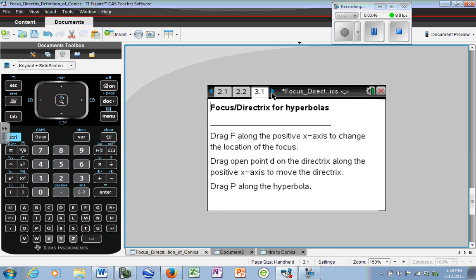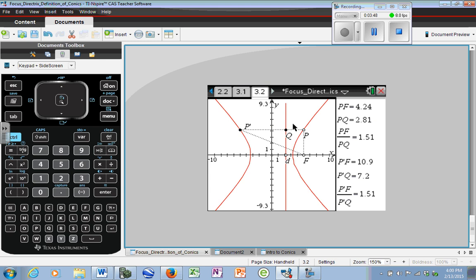Now, here's how we would do that for a hyperbola. And we'll talk more about this in the next lesson, tea time. If I have the ratio of P to F and I compare that of P to Q, that ratio always stays the same. No matter where on that hyperbola I am, that ratio of those two lines stays the same.